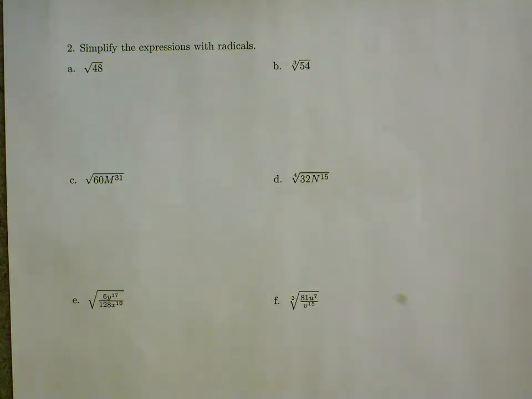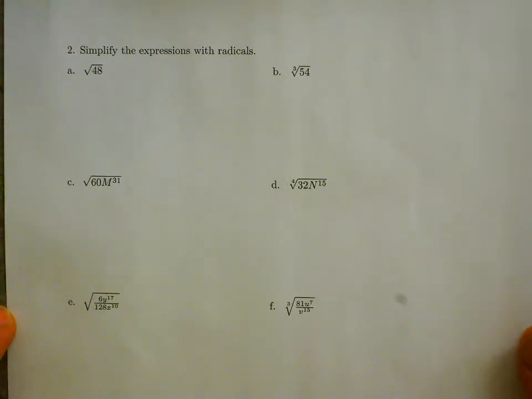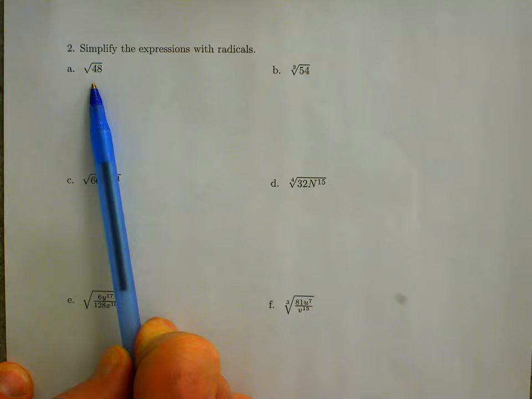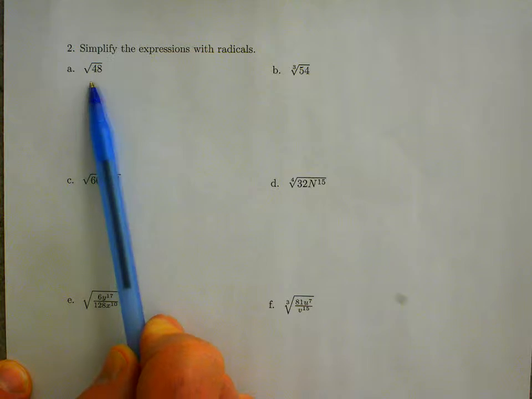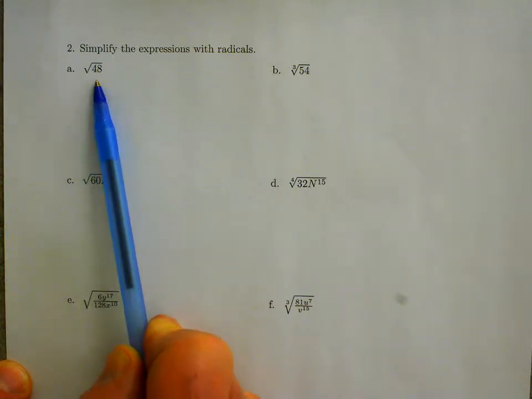But this time, it's a little more complicated. So simplify the square root of 48. So first note, 48 is not a perfect square. So what we want to do, since it's a square root of 48, we want to find the largest factor of 48 that is a perfect square.